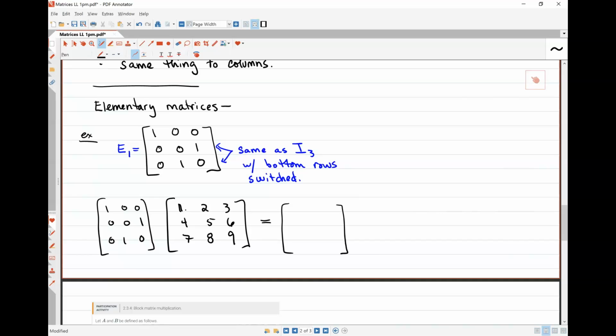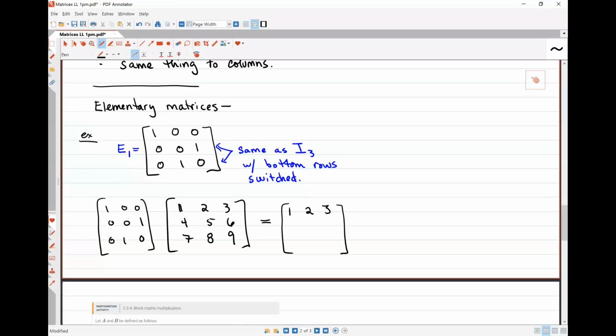If we start multiplying, we'll get 1 times 1 plus 0 times 4 plus 0 times 7. So that just gives us a 1. Then for the next two entries in this first row, we'll get 1 times 2 plus zeros, and then 1 times 3 plus zeros. So it's like this is just picking out the first row of the other matrix. We're keeping 1, 2, 3.